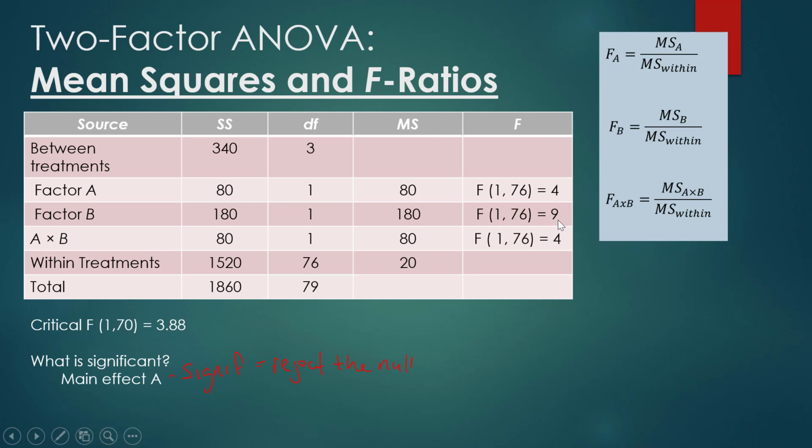If we compare this F value for factor B to the critical F value, the main effect of B is also significant, so we also reject the null. And then for our interaction, we compare this calculated F value to this critical F value, and it's also out there in that critical region, so it is also significant, which means we reject the null.